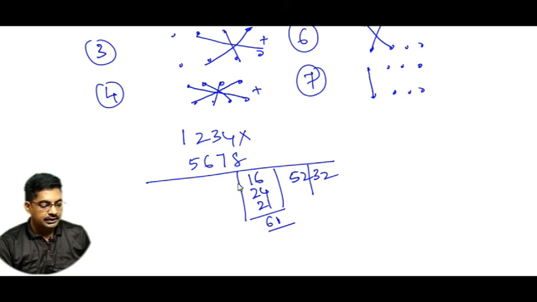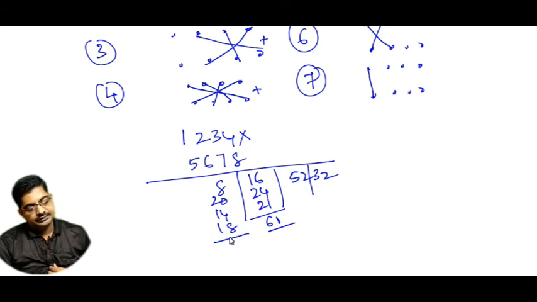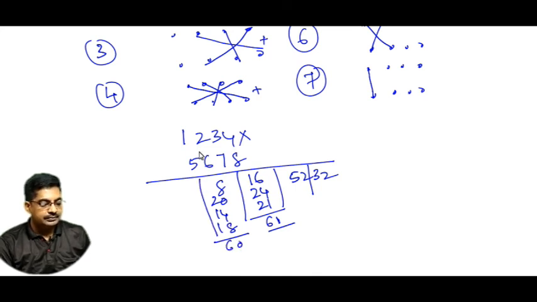The fourth digit will come by 8 1s are 8, 5 4s are 20, 7 2s are 14, then 6 3s are 18. So now 28, 48, 60 will come. Now the fifth digit will come by 7 1s are 7, 5 3s are 15, then 6 2s are 12, 27, 34.